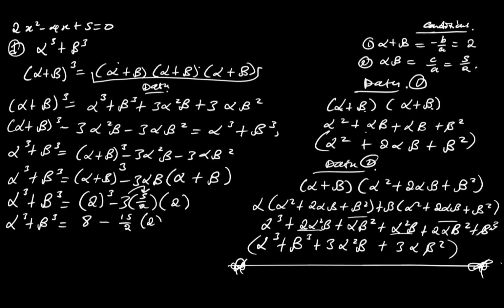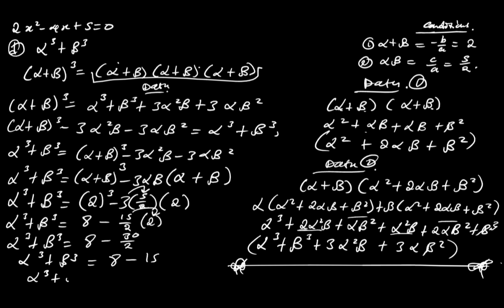Then I'm having times 2. So alpha cubed plus beta cubed is equal to 8. Then the 15 multiplies the 2 and you get a minus 30 over 2. So alpha cubed plus beta cubed is equal to 8 minus 2 into 30 is 15. So alpha cubed plus beta cubed is equal to 8 minus 15.